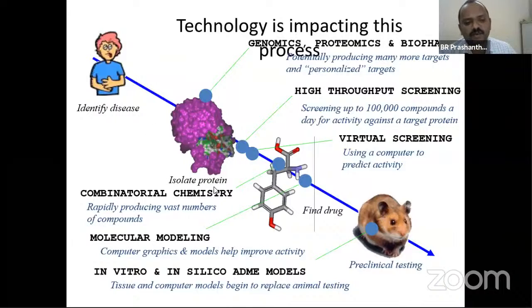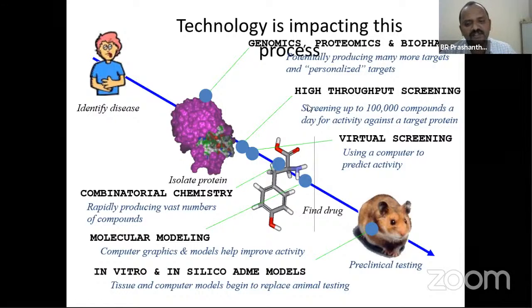Next, in this early part of the drug discovery, what we look at is the protein and the ligand. We need to synthesize the ligands, and check their binding affinity to the receptor or an enzyme protein structure. For that we do high throughput screening.